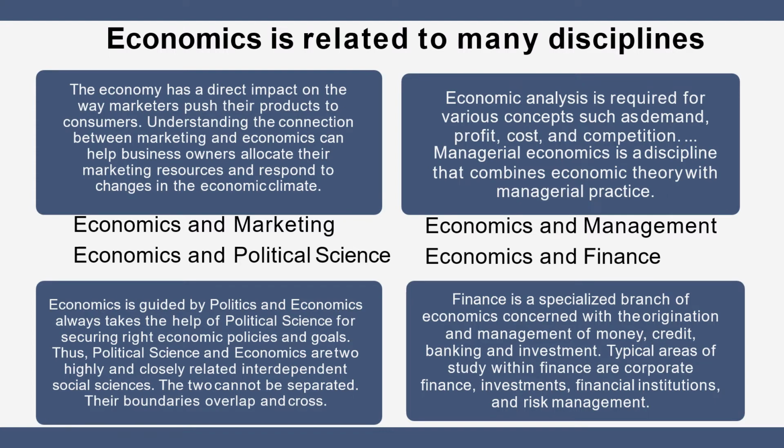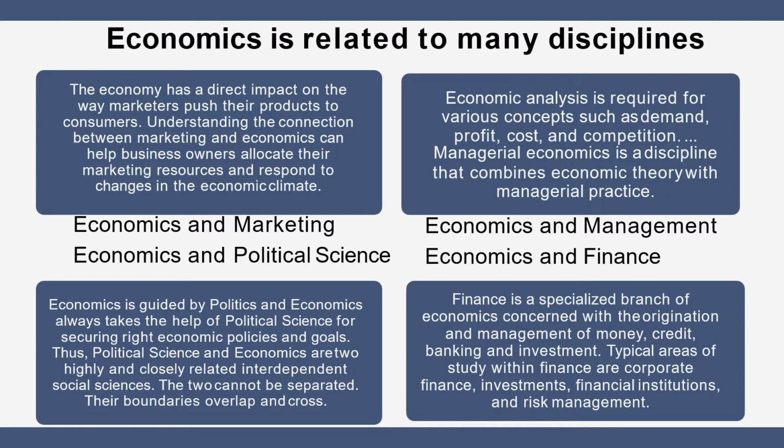So let's start with economics and marketing. The economy has a direct impact on the way marketers push their products to consumers. Understanding the connection between marketing and economics can help business owners allocate their marketing resources and respond to changes in the economic climate. How about economics and policy?